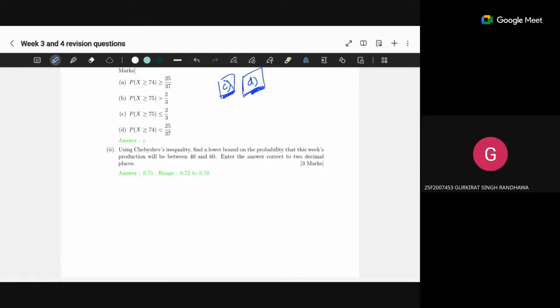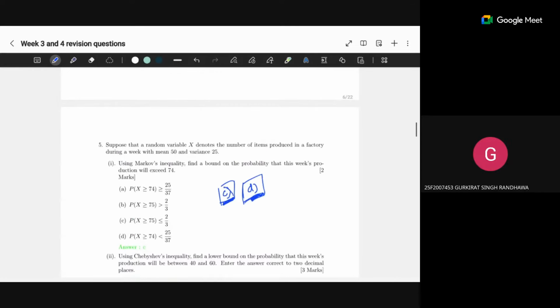Probability of X greater than or equal to c is less than or equal to mu by c. Then here mu is given as 50, and it is written that it exceeds 74. So we take 75. So it will be x greater than or equal to 75. So this will be 50 divided by 75, which is 2 by 3.